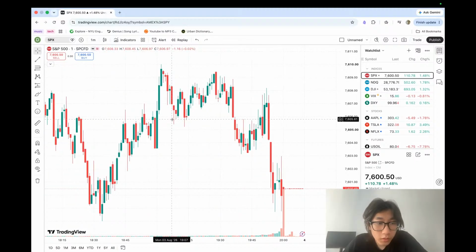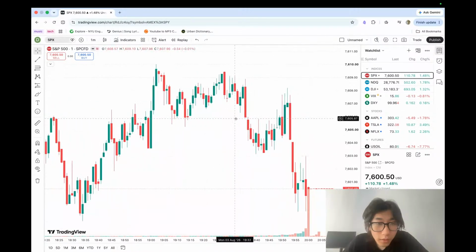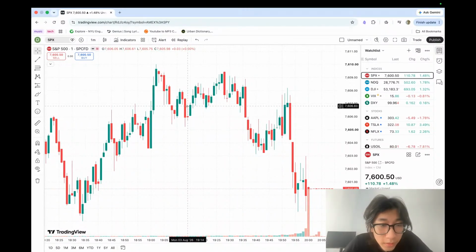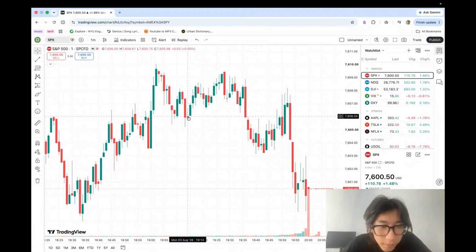Let's find dojis. Okay, there's a small doji. The maximum price is bullish. No, it's bearish. Bearish open, closing. I think that's not that iconic though. Let's see the open price from here. Did it go up first or down first?